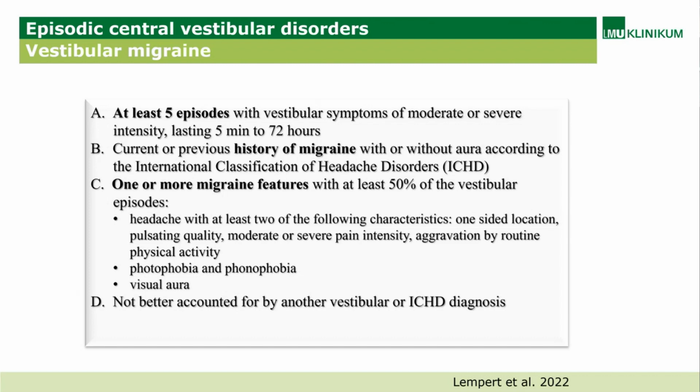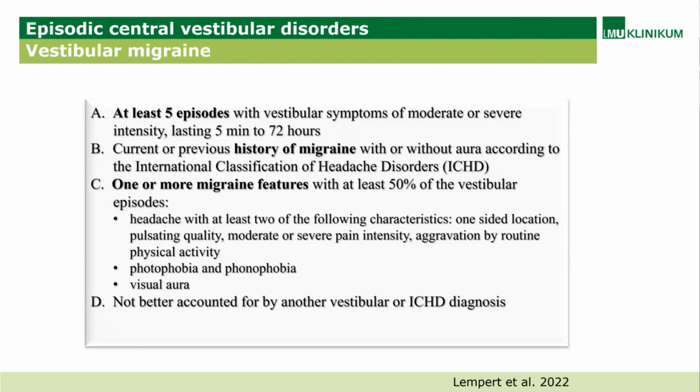Another aspect which you see here, and this is what also Vincent touched upon, is that we are not yet very good at capturing this diagnosis based on biomarkers or quantitative measures, but it's mostly the description of symptoms. As you can read here, 5 episodes, 5 minutes to 3 days, a previous history of migraines and accompanying symptoms.